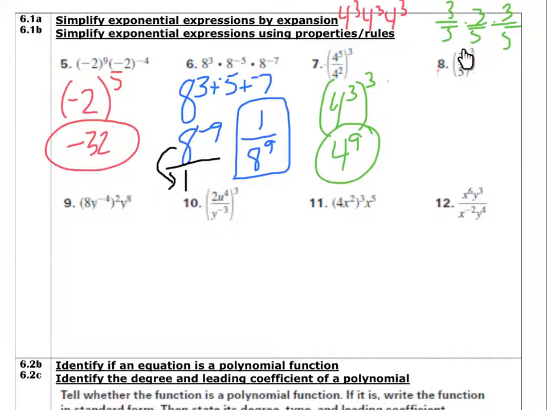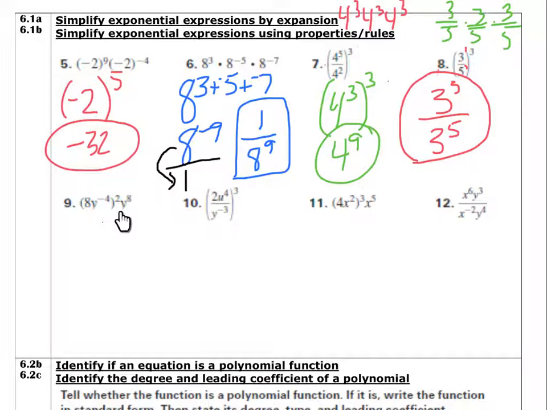Well, if you do the trick of distributing the exponent, what you're going to see is this is 3 to the 1st power, and this is 5 to the 1st power. So when you distribute the exponent, it's 3 times 1 and a 3 times 1 here. So you're going to get 3 cubed over 5 cubed. And that's your final answer. Again, we could have just looked at it from the expansion method here and then taken the expansion method and condensed it down.